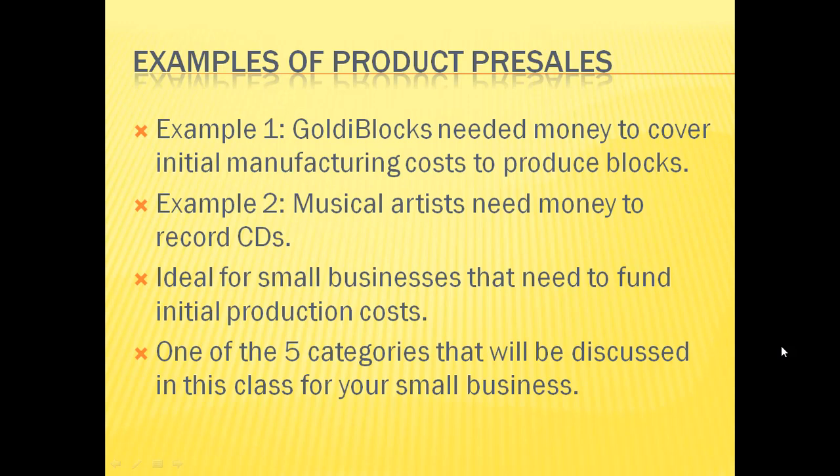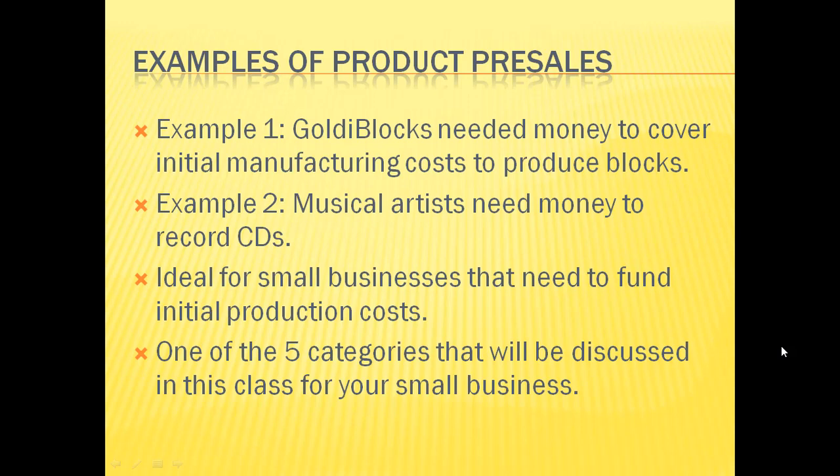When they went to the manufacturer, the manufacturer said, okay, I'm just making up a number here, we will make you 2,000 units of this product, but we need $10,000 or $15,000 to cover that cost up front. Well, Goldilocks doesn't have that much money. Let's just say they didn't have it.